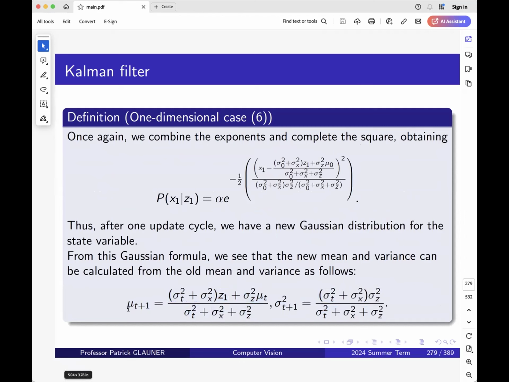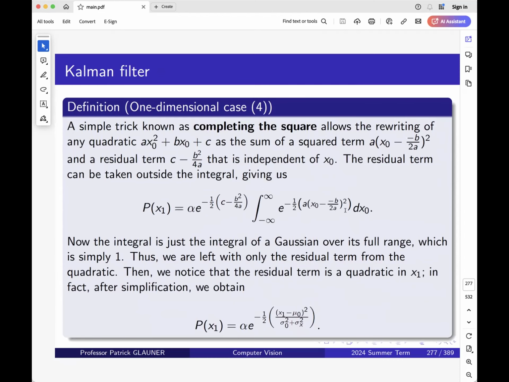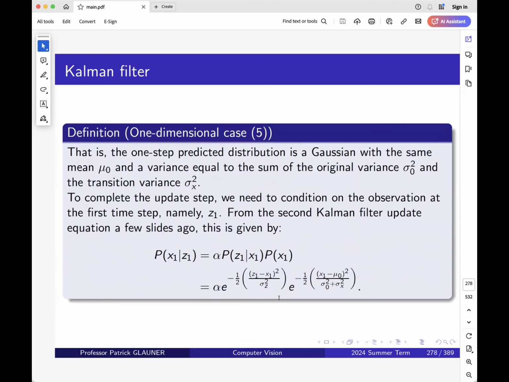But I've already said this, the mean and the variance just depend on the old mean and variance. And this makes calculating this super easy. And actually these super complex integrals from before, we have largely eliminated just by completing the square and merging these exponentials.